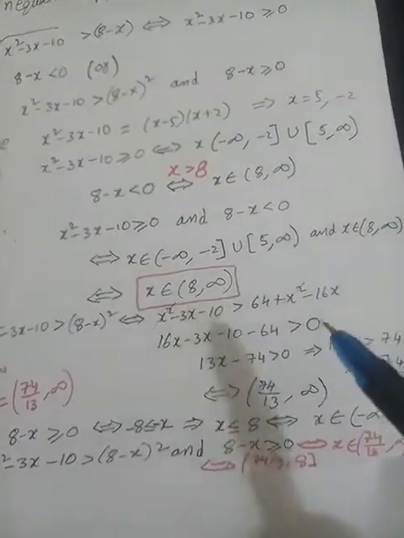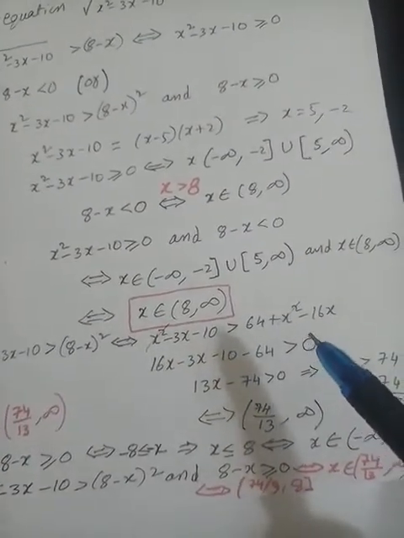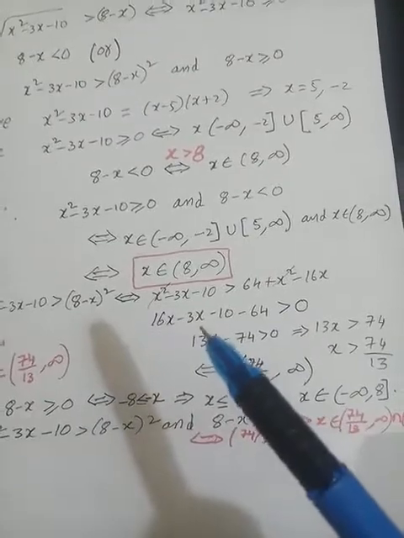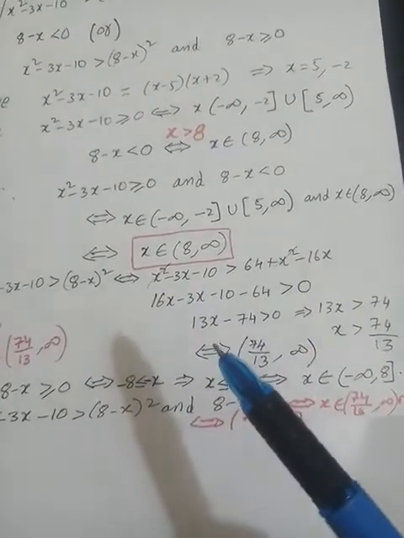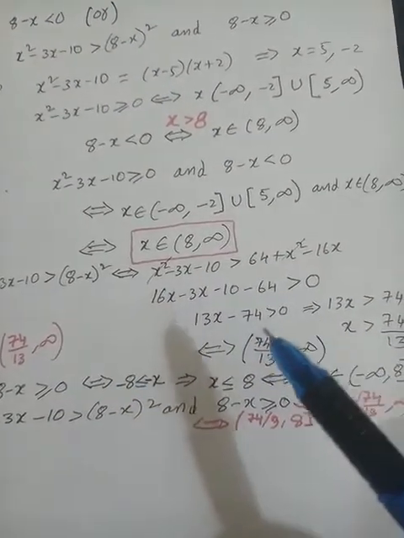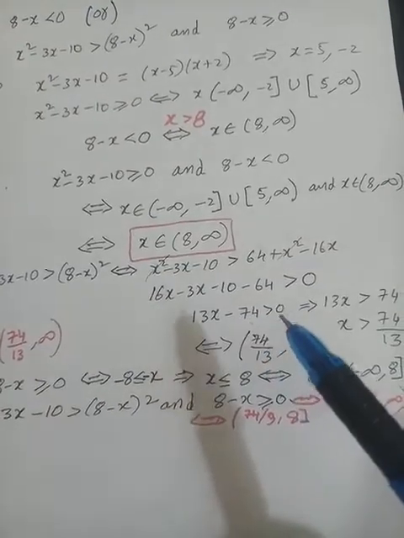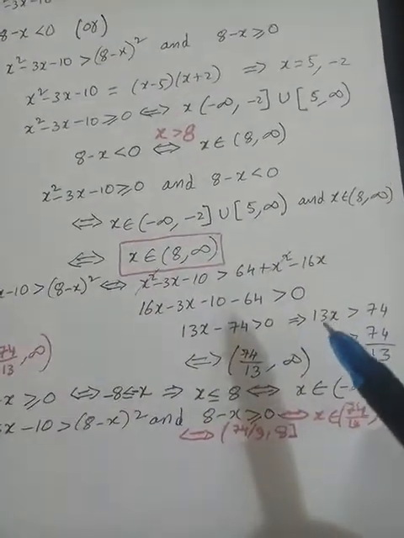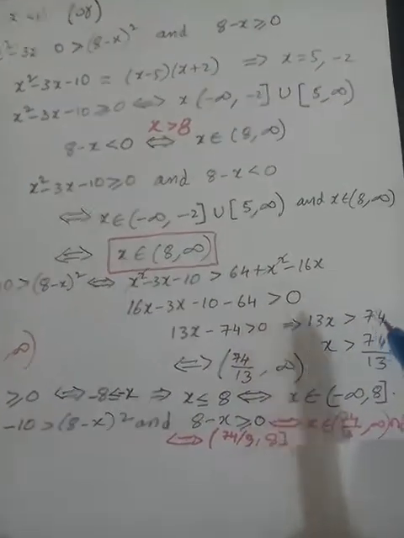On the right hand side no term remains, so we take it as 0. Now if you simplify this, 16x minus 3x is 13x, minus 10 minus 64 is minus 74. So we get 13x is greater than 74.